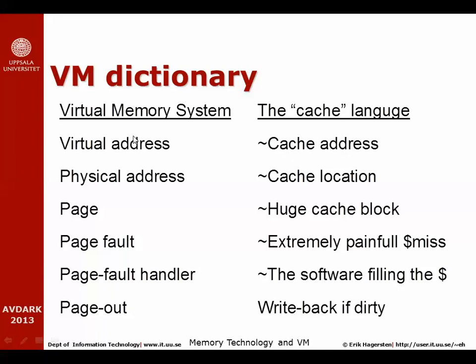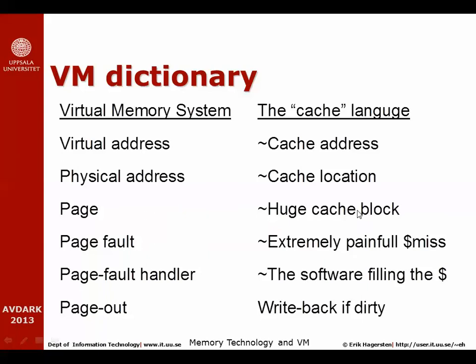The physical address corresponds to the cache location. The physical address uniquely identifies exactly where in the cache the data resides. So in a 4-way set associative cache, you would not only know the index function, you would also know which of the 4 ways the data you're looking for resides in. That's what the physical address does for you in the DRAM world.